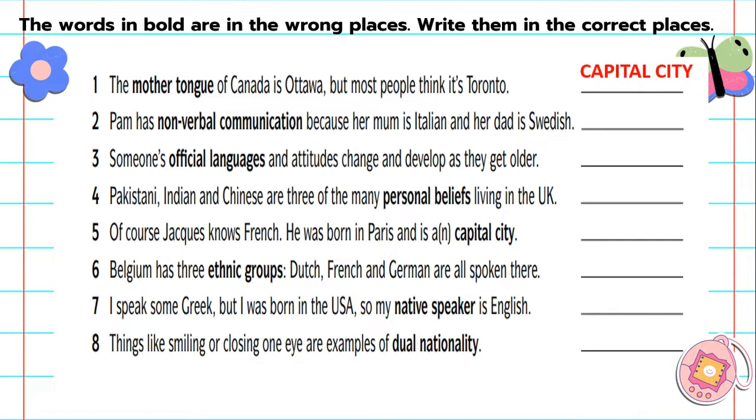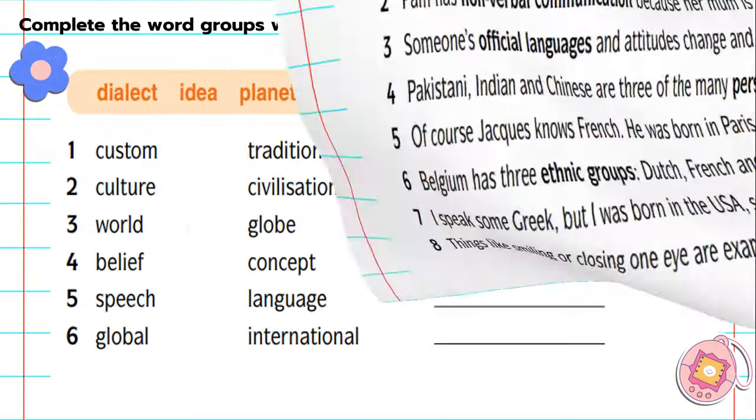The correct answer is capital city. So the capital city of Canada is Ottawa, but most people think it's Toronto.